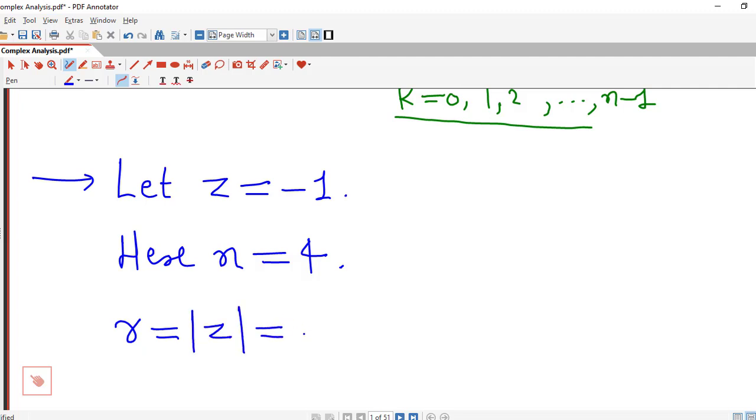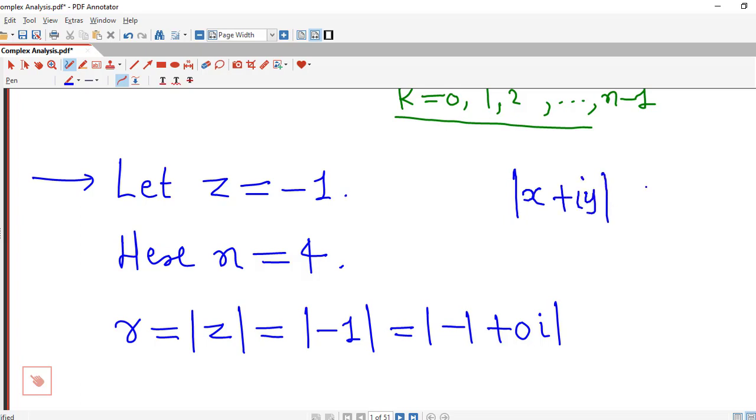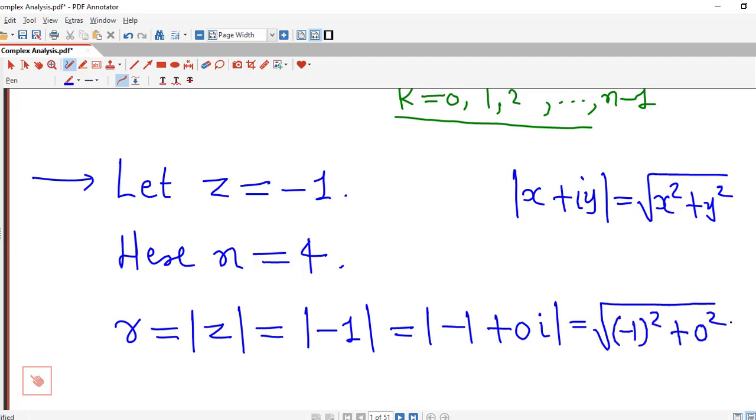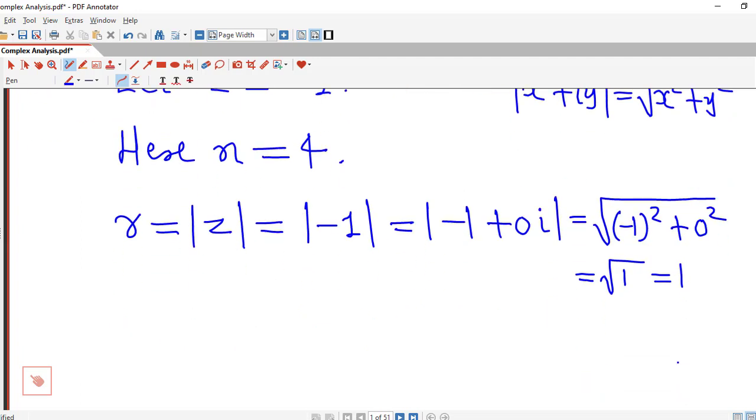So absolute value of z means absolute value of -1 plus 0i, and we know that absolute value of x plus iy is nothing but square root of square of real part plus square of imaginary part. Here real part is -1, so (-1) square, imaginary part is 0, so this is nothing but (-1) square, that is 1, plus 0, so r equal to 1. So value of r is 1.